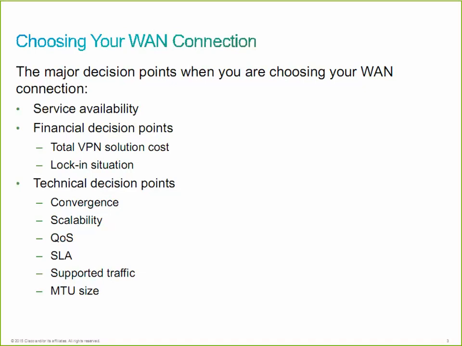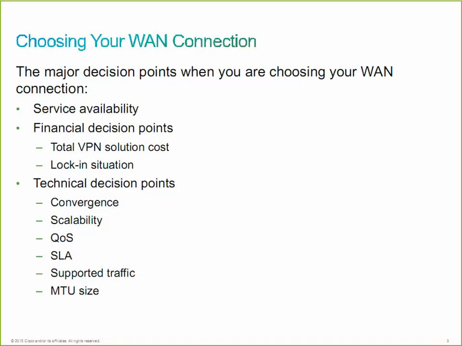So if you're provided with different options across the board, there are a couple of major decision points that you have to use to choose whatever WAN connection you want. Obviously, I kind of joke about this in my CCNA class a little bit. The 7-layer OSI model is always actually 9 layers because layer 8 is budget and layer 9 is politics.